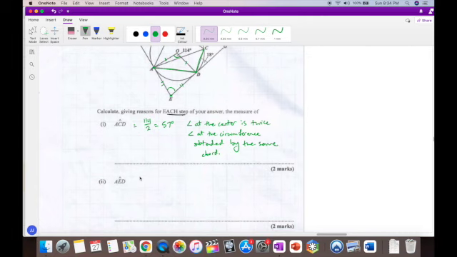So triangle AED will be 180 degrees minus 114 degrees, and that will be 66 degrees, because AED plus AOB, this is the 114 degrees, is supposed to give us 180 degrees, because opposite angles in a quadrilateral are supplementary. They add up to 180 degrees, right?